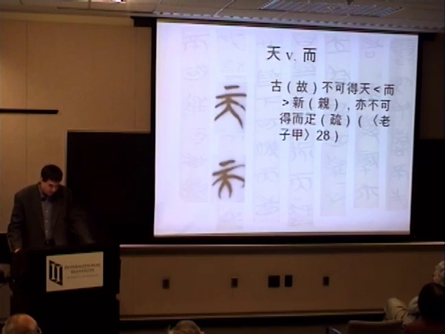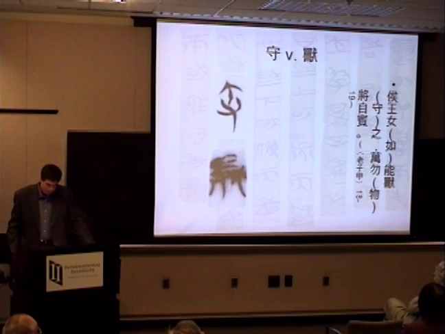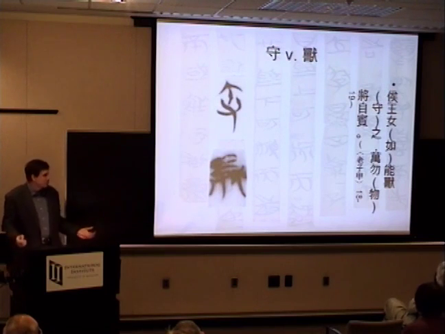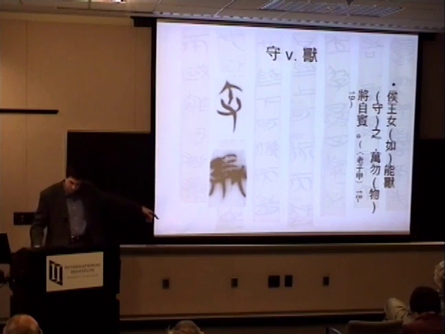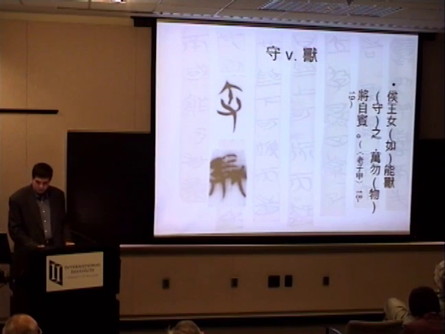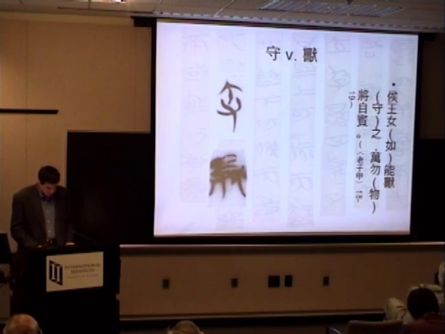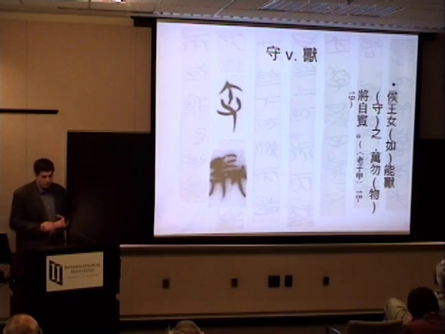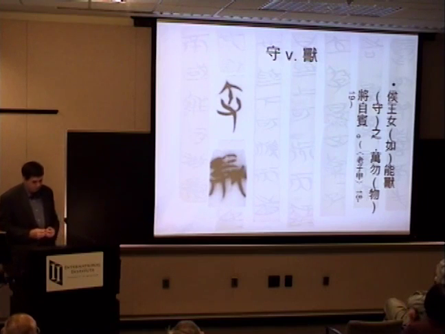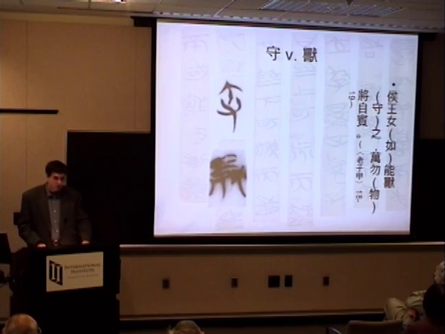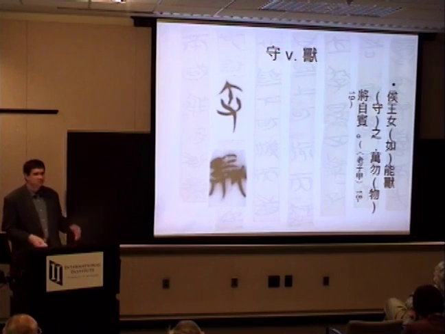And on the phonetic side, you sometimes see, let's say, a relatively complex graph, at least in terms of the number of strokes, shou, substituted for a simpler graph that already existed, shou to guard. There's an example from the Laozi. So these are two obvious examples where you would get yourself in trouble if you were to try to apply the rule of lectio difficilior, at least without any sort of common sense.